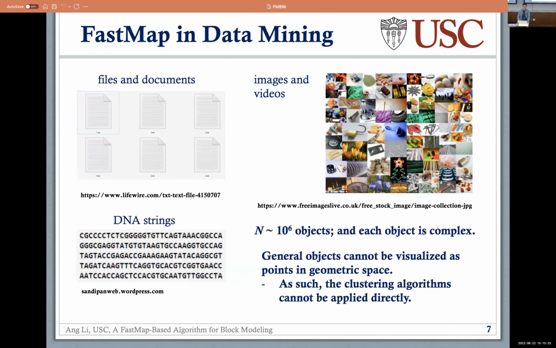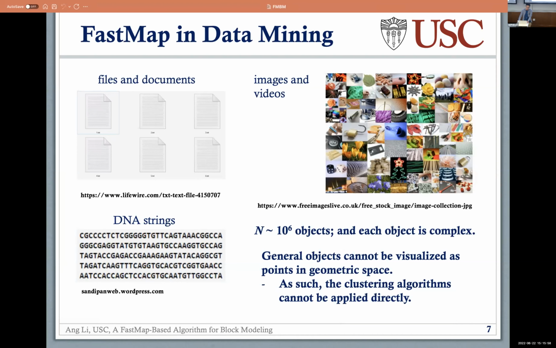So why is FastMap important in data mining? Because it allows us to solve problems on abstract objects with a method that can only be applied in the Euclidean space. For example, clustering is a very common problem, and there are many well-developed methods for clustering in the Euclidean space, such as Gaussian mixture model clustering and k-means clustering.